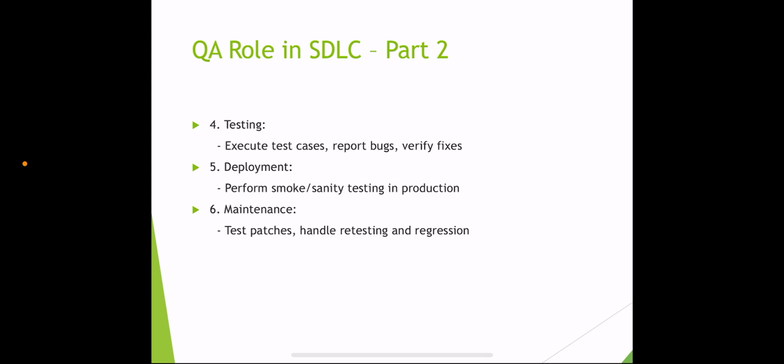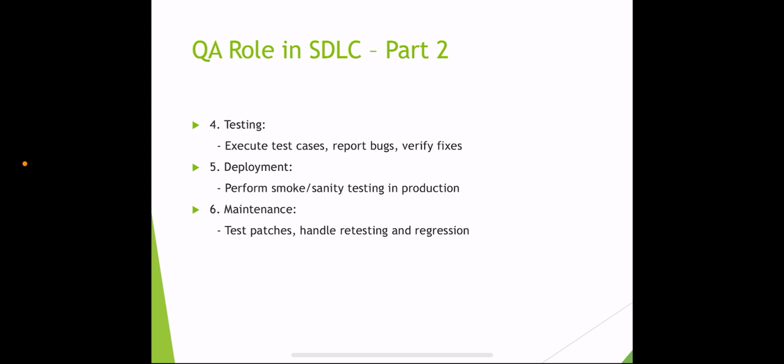And at the end we have maintenance. As we discussed, maintenance comes into the picture whenever any issue comes up in the production environment, when the application is live, meaning it is available for use by the end user. If any bug comes up in production and the developer gives a fix, we will check that bug and its impacted area.